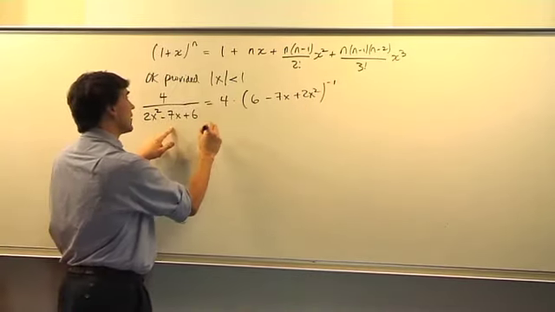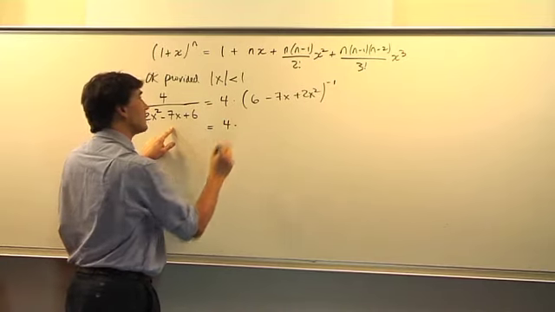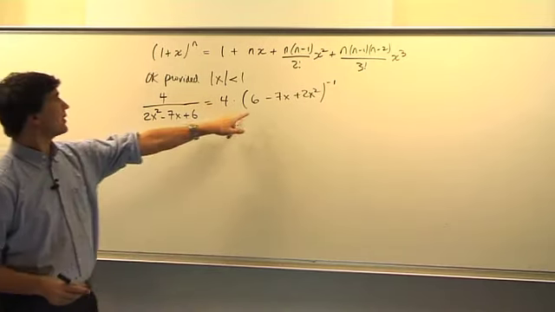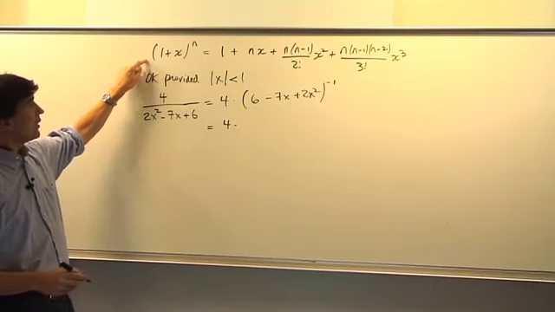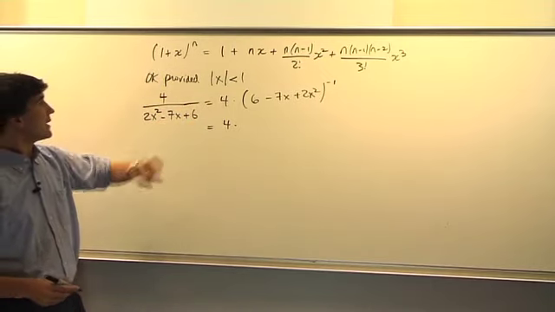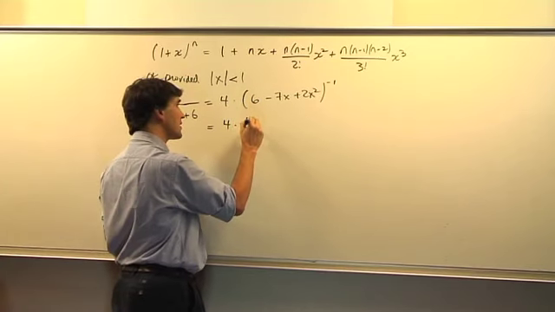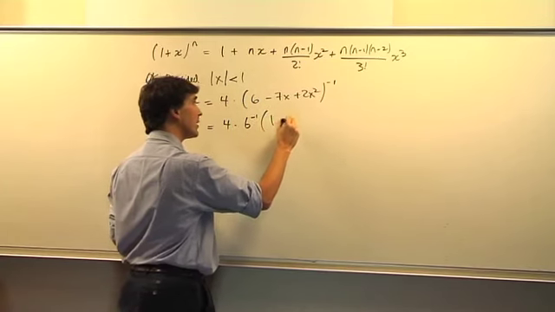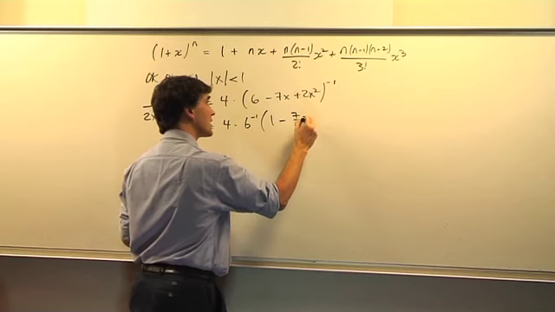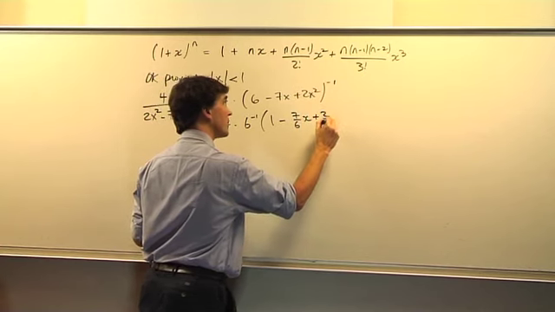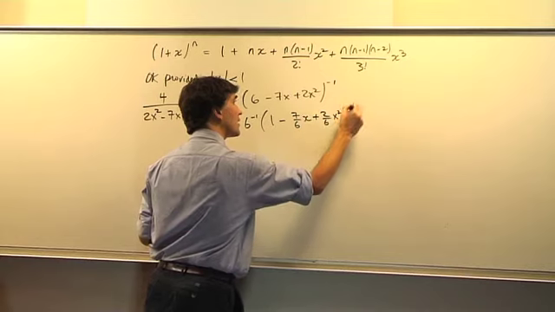Okay, so let us write that as 4 times... We need to make this part here look like that. So I need to pull out a factor of 6. So that is 6 to the power of minus 1 times 1 minus 7 over 6x plus 2 over 6x squared, to the power of minus 1.